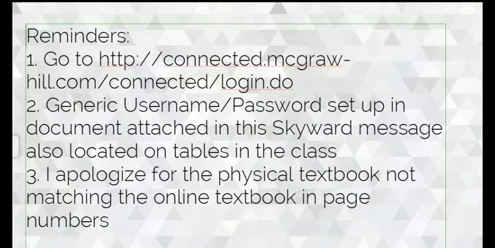They're both attached in this message on Skyward. In addition, students can look at those every day in their tubs at their tables, so they have access to them there as well. Also, I apologize for the physical textbook not matching up with the online textbook in terms of page numbers.